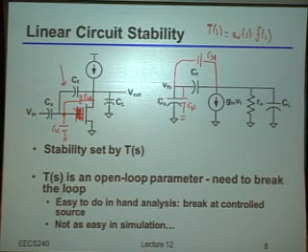But that's actually okay, because in the real feedback loop, those CGS and CGD would also be there. And the way I broke the small signal loop was I literally broke it inside of the transistor, at the connection to the GM.